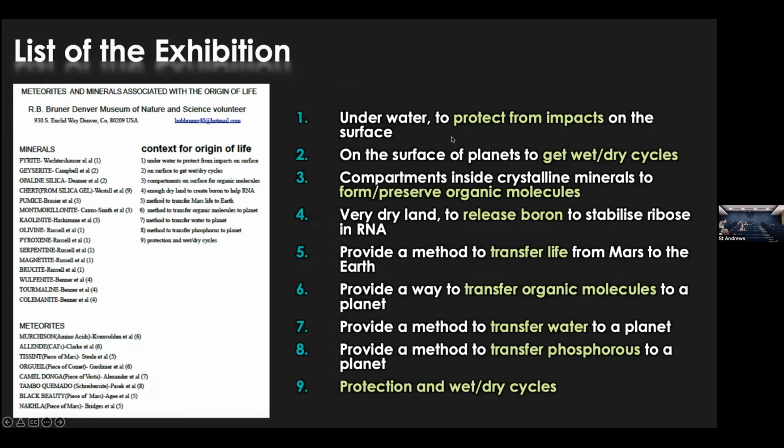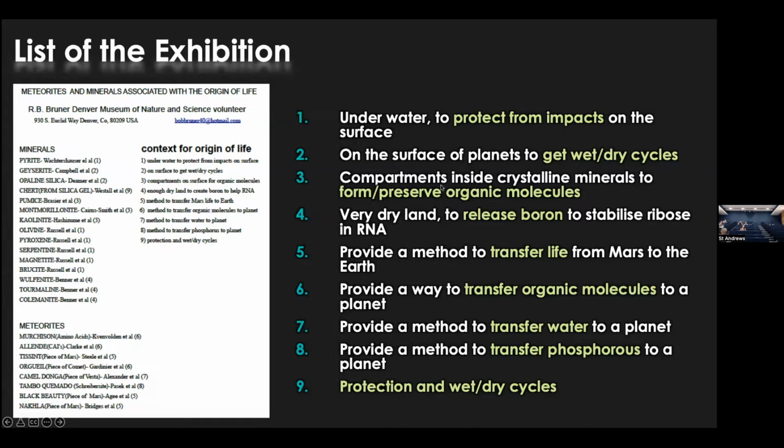So this is one of the samples: minerals or rocks that are formed underwater to protect from impacts at these early times. Another sample is minerals formed on the surface of planets during wet and dry cycles, like you have heard in the previous talk. Then compartments inside crystalline minerals that form and preserve organic molecules, minerals that demonstrate these compartments.